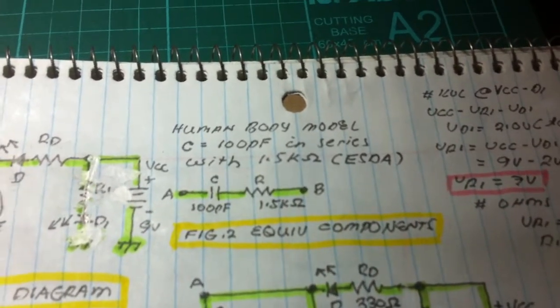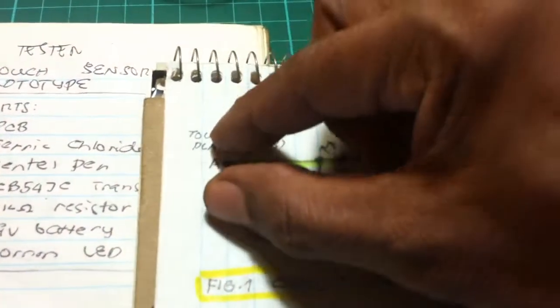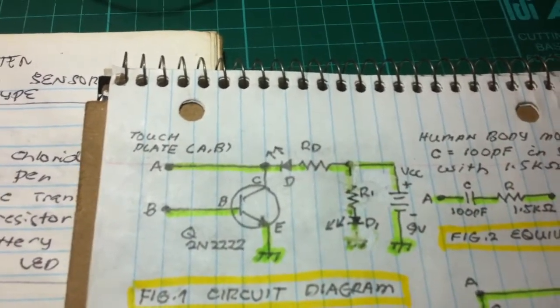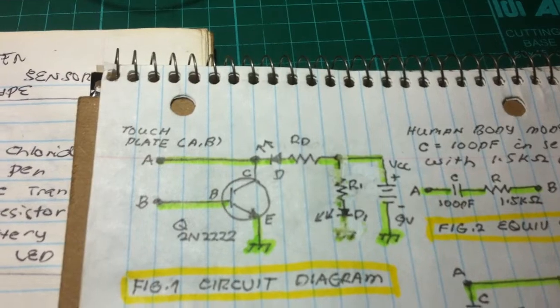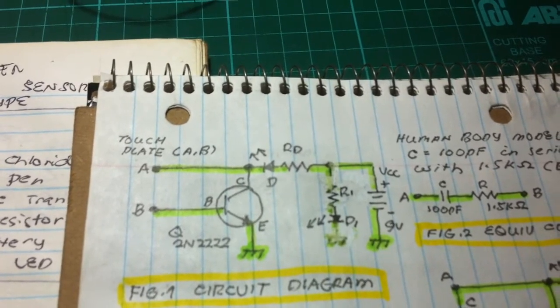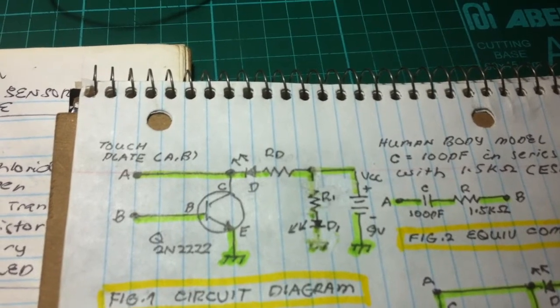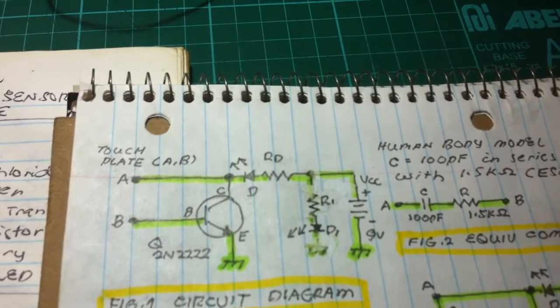Every time you touch the wire, the touch plate, the LED turns on because our body is capable of accumulating charges and serves as a resistance to the transistor.